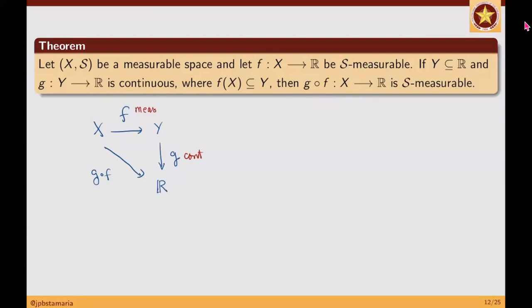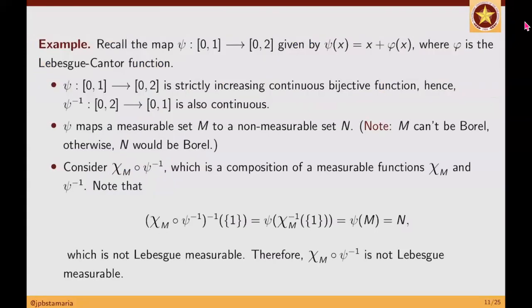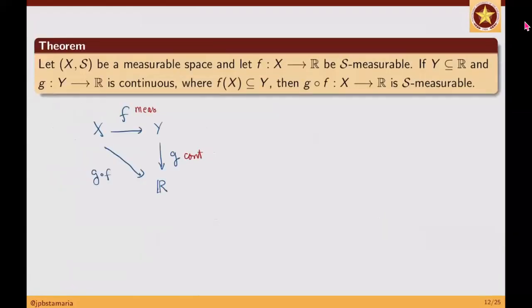Bakit yung kanina, sir, continuous naman yung isa pero hindi naging measurable? Kasi dito, ang continuous ay hindi necessarily continuous ito. Kailangan ito yung continuous, ito yung measurable. Baligtad. So why is that?